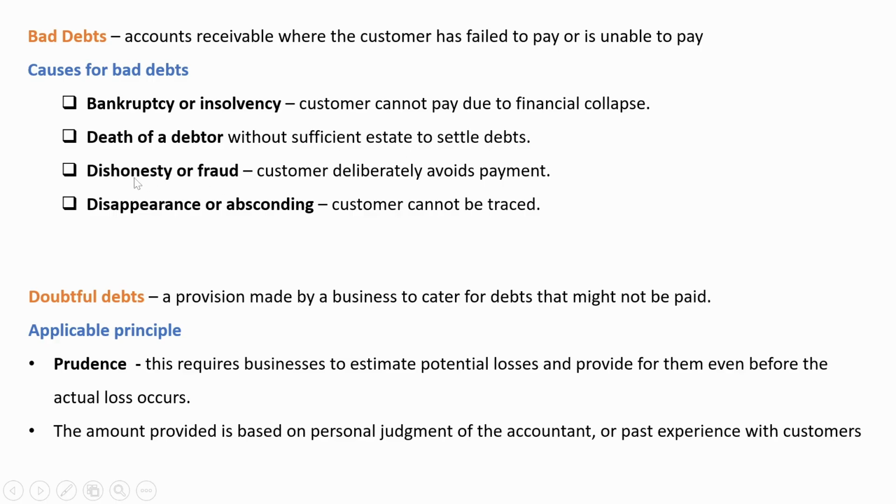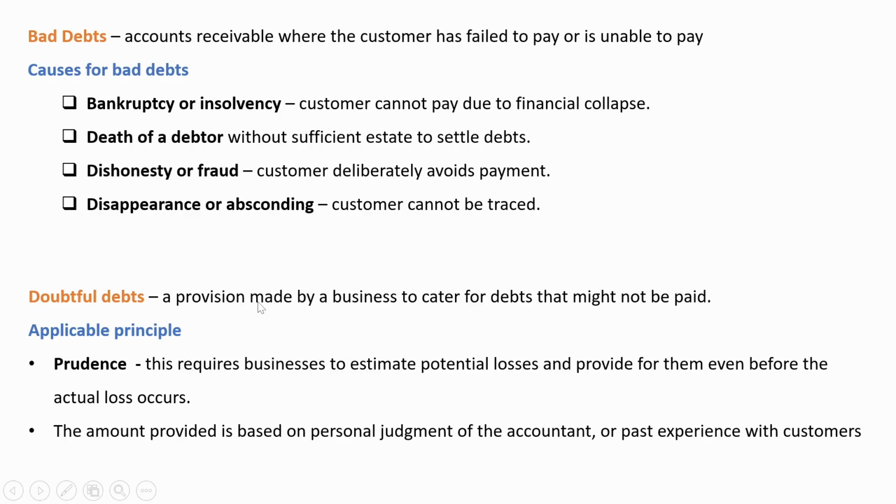It can be due to dishonesty or fraud, where the customer deliberately avoids payment. It can be due to disappearance or absconding, where the customer cannot be traced. The customer has disappeared. Those are some of the reasons why businesses end up with bad debts, but we can have more reasons. Next, we have doubtful debts.